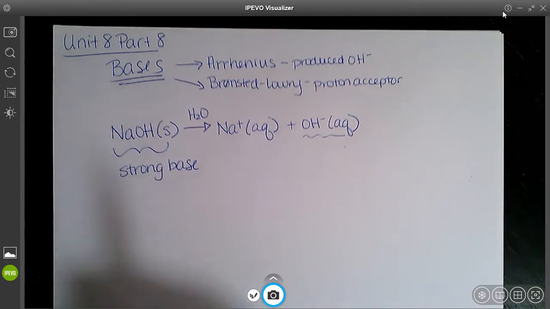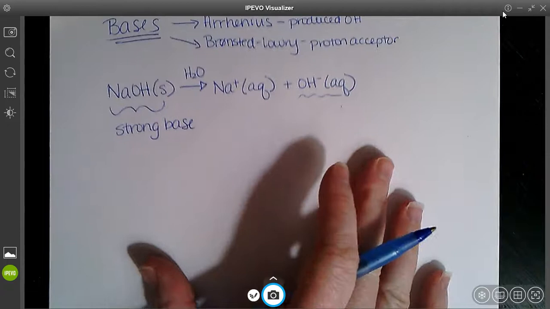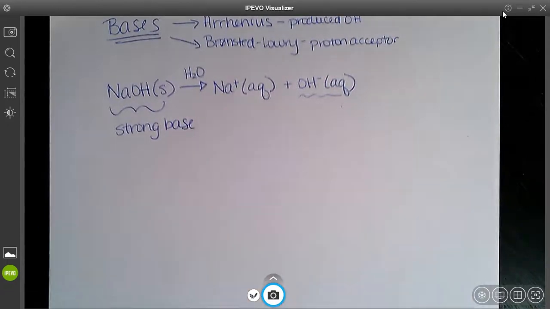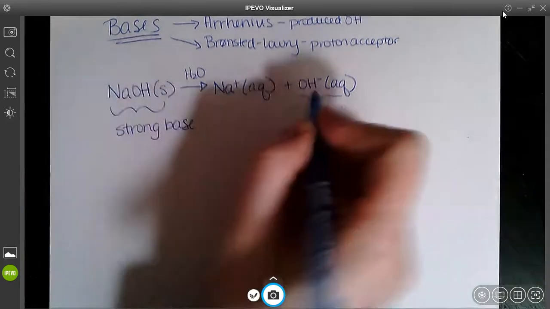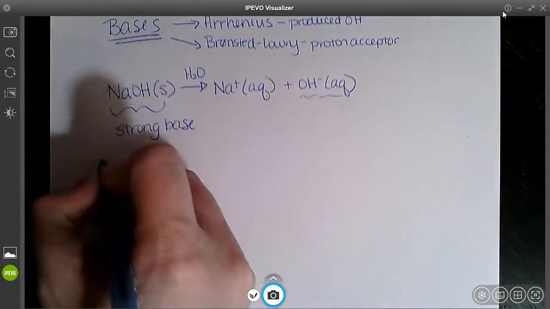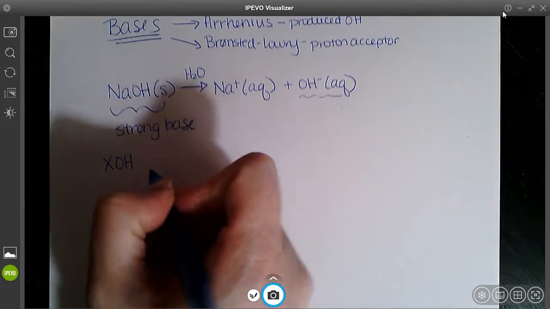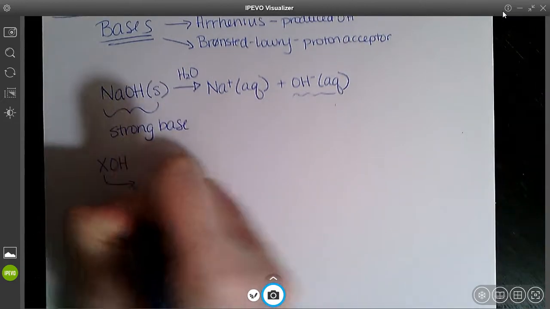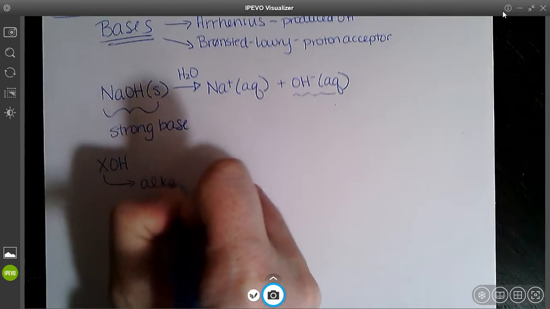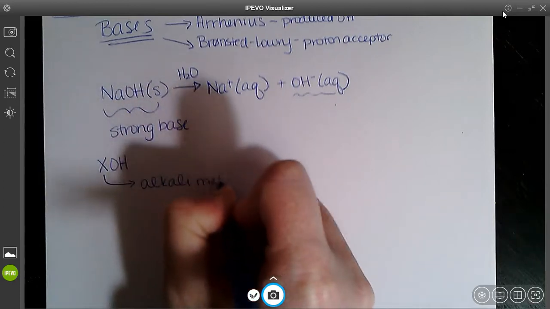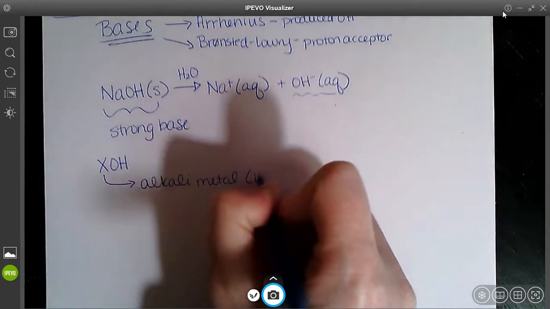So let's talk about what things are strong bases, what should you know, and it's pretty much going to be the hydroxides. So anything that has an OH at the end, so XOH, these are going to be your strong bases, where X is an alkali metal. This is group 1A, except for hydrogen.